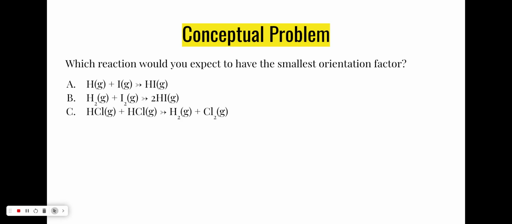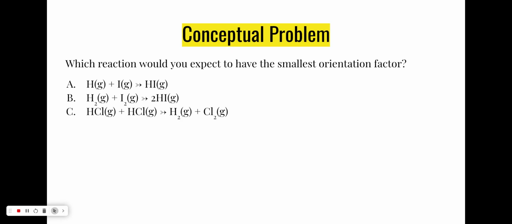So the correct answer, guys, would be C. C exhibits the most complex diatomic molecules, as it's HCl, so you have a hydrogen and you have a chlorine right there. So there are 2 different elements and you have 2 different HCl molecules reacting together. So that would have the lowest chance of a chemical reaction occurring, i.e. having the smallest orientation factor.